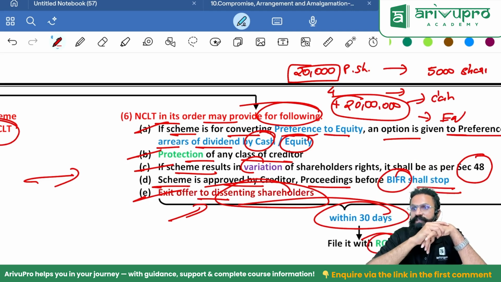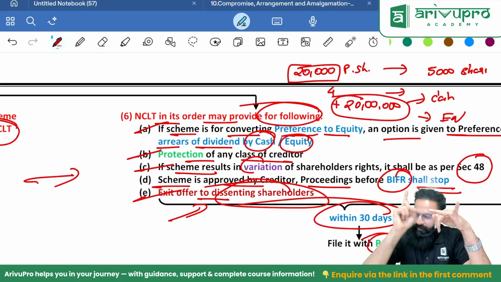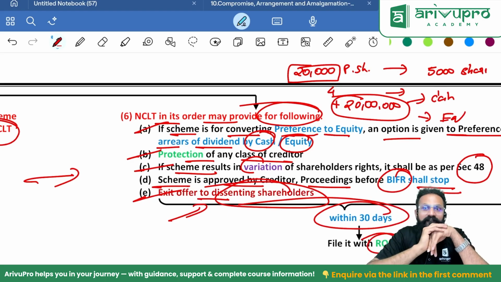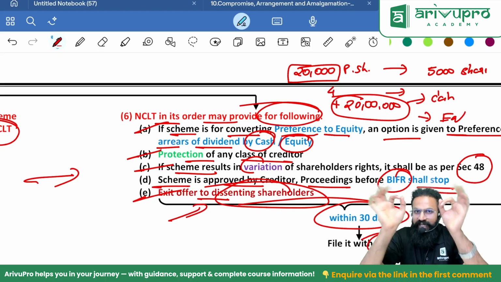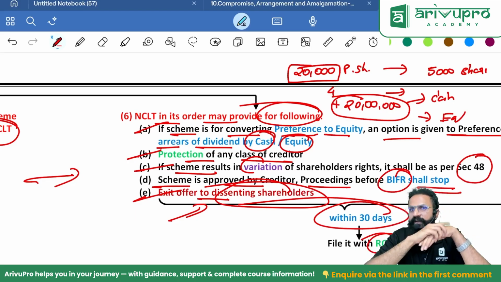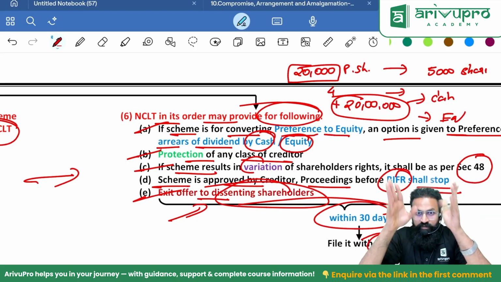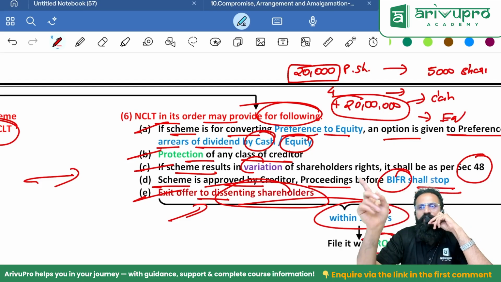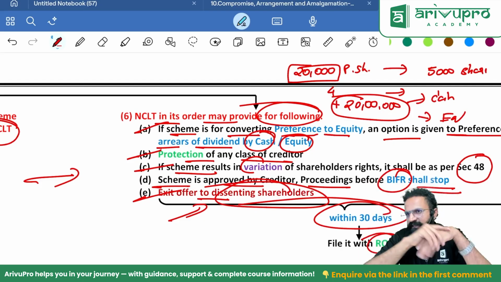Tribunal may order the company to conduct a meeting and send clear notices to my creditors, my debenture holders, my members, as well as all the other authorities. If they have any objection, they have to object within 30 days of receiving the notice.